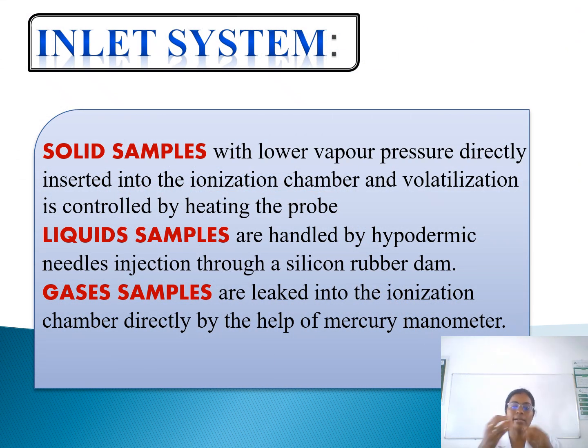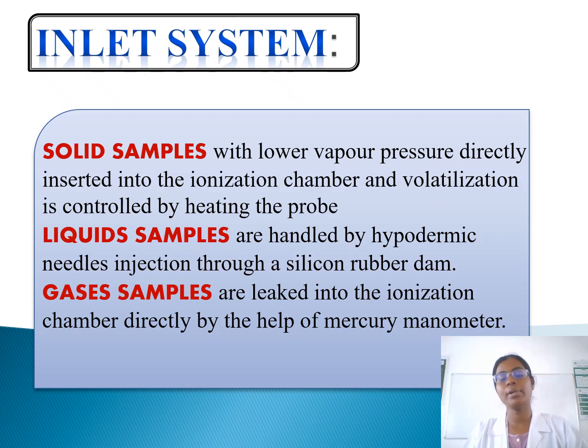What are the inlet systems used in the mass spectrometer? First, if the sample is solid with low vapor pressure, it is directly inserted into the ionization chamber, so no need for vacuum here. It is applied directly into the ionization chamber, and volatilization is controlled by heating the probe.